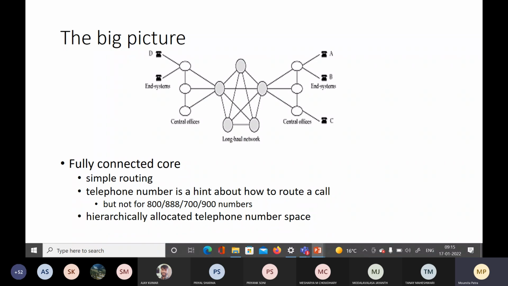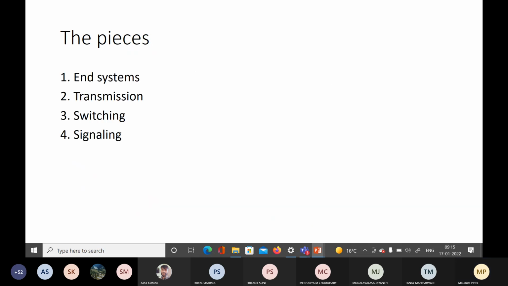And then from there you have the last 4 digits which identify the device at your home. So this is the hierarchical allocation of the telephone number space.